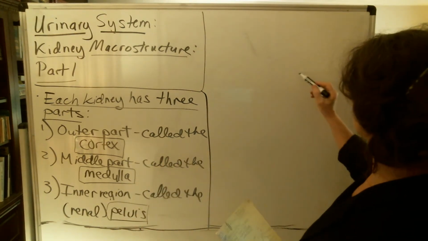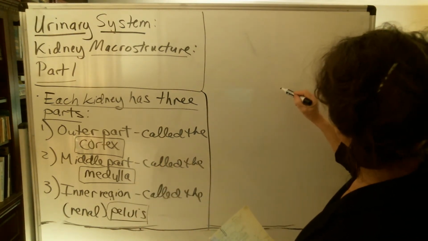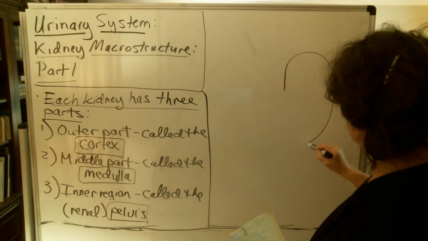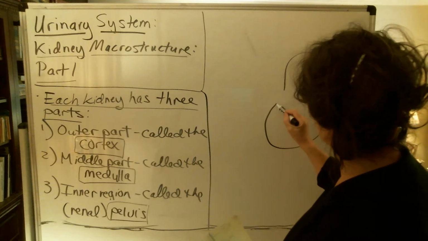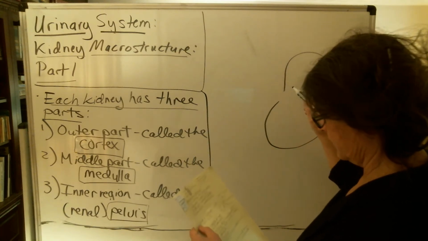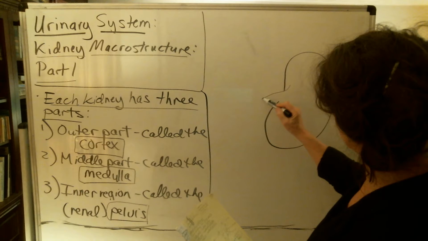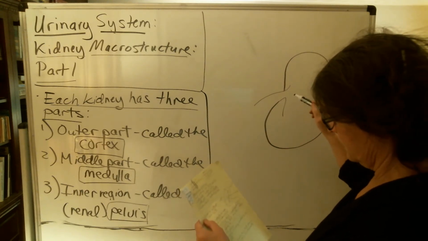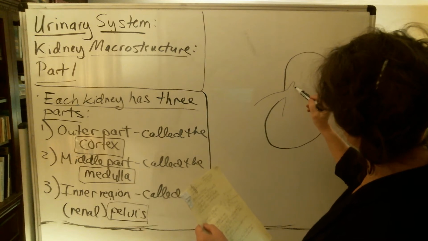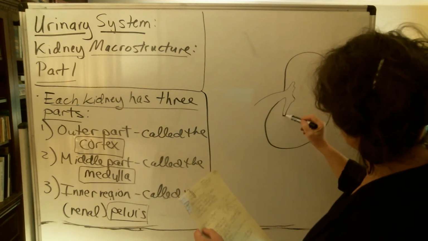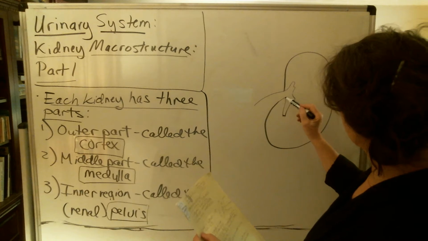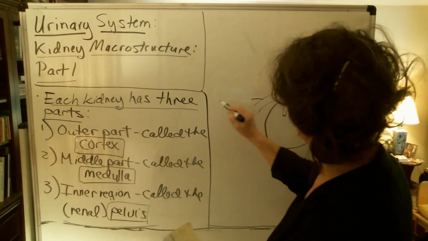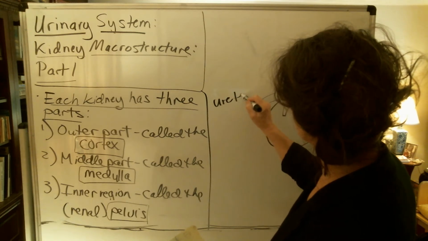So I'm gonna draw a picture of this now. So give me a moment while I try to make this work for you. So here we are, and there's going to be a ureter coming out of this. All right, and then here we have the ureter coming out.